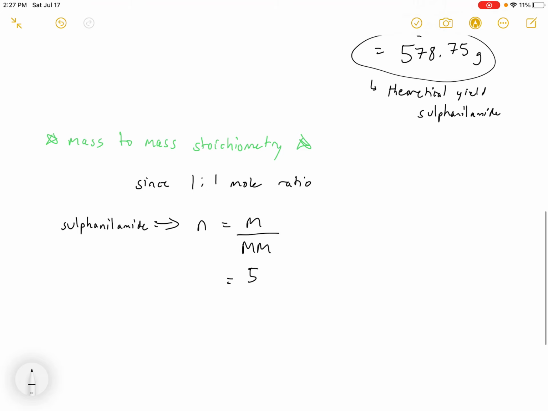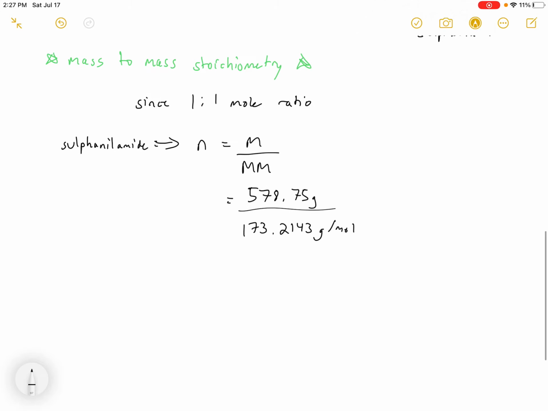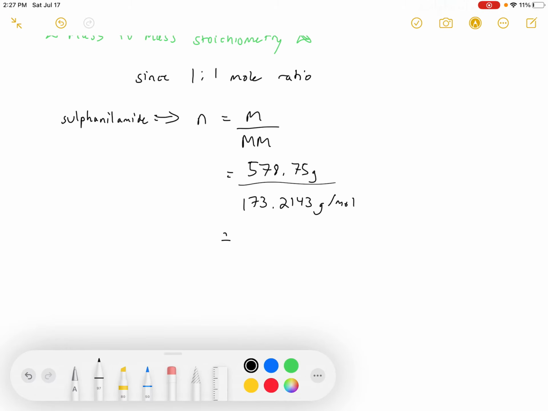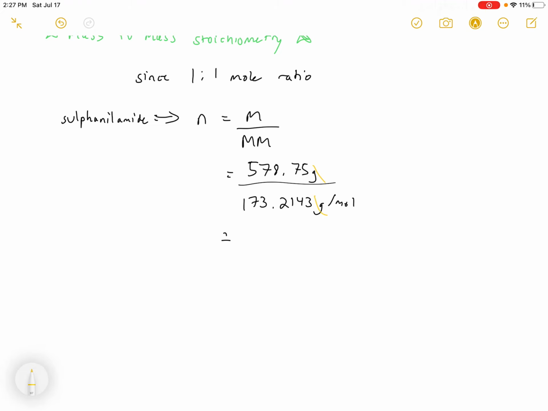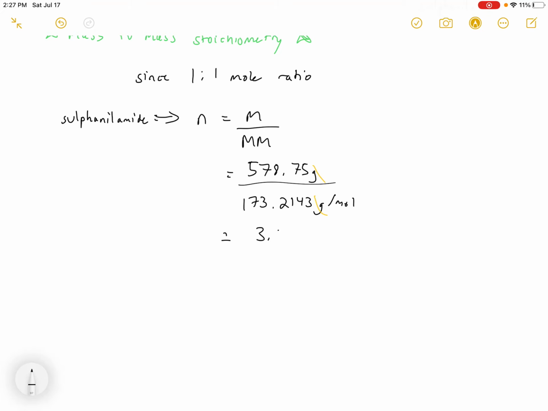And we have 578.75 grams divided by the molar mass of sulfanilamide, which is 173.2143 grams per mole. And you type that in your calculator. I'm just canceling out the units to make sure it's clear why you get final units in moles. And then you should get 3.3412 moles of sulfanilamide.